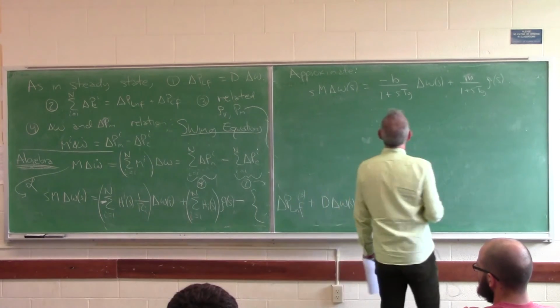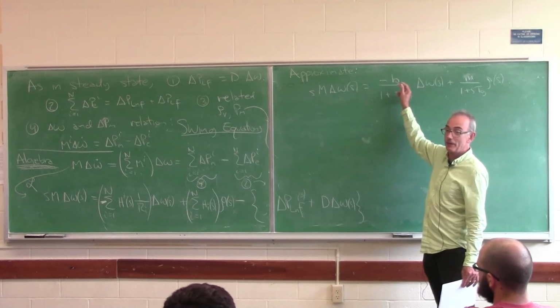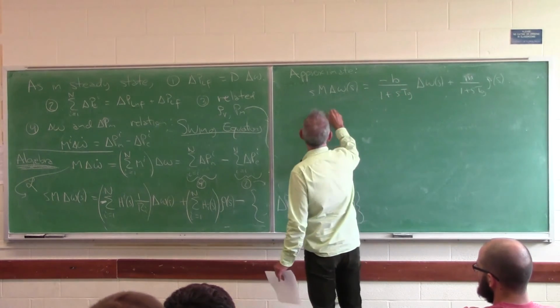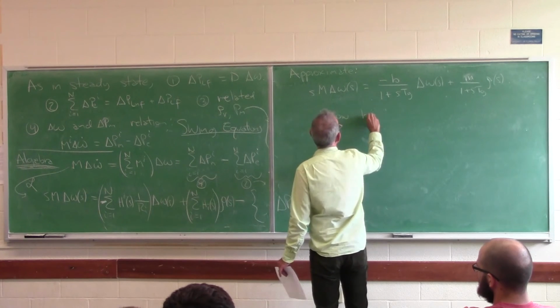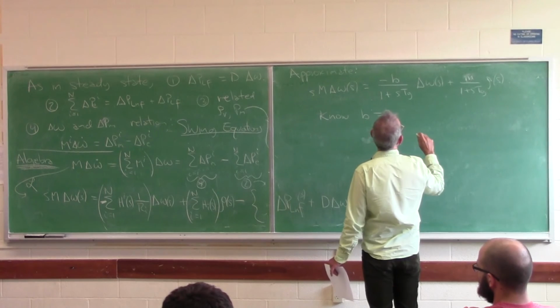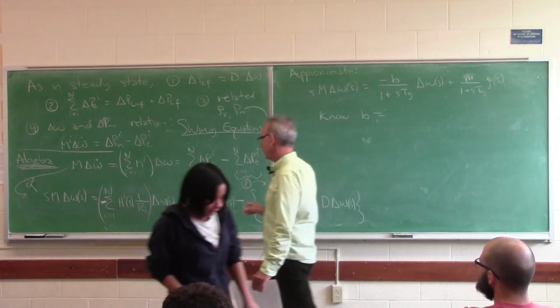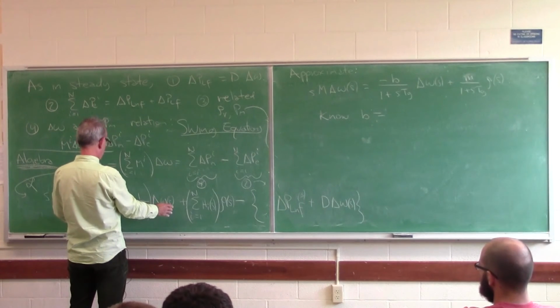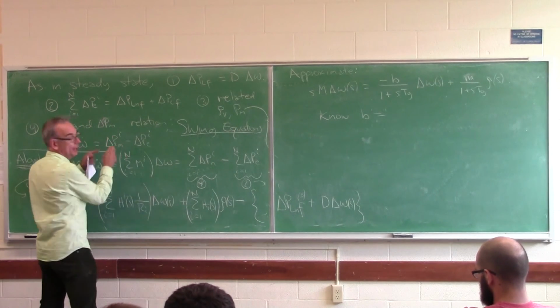Now, we know what the DC gain of this transfer function is, so we know B. This was the transfer function from power deviations to mechanical power.